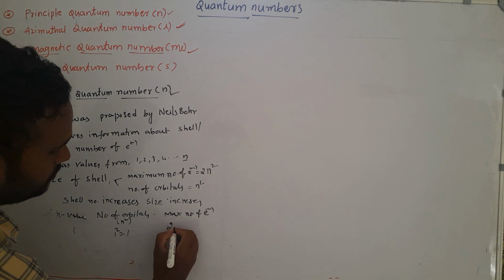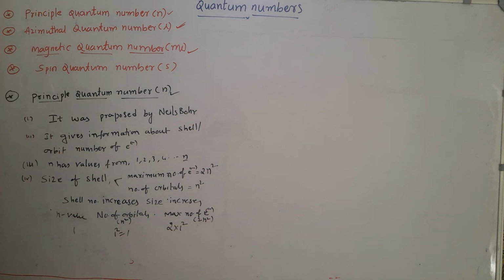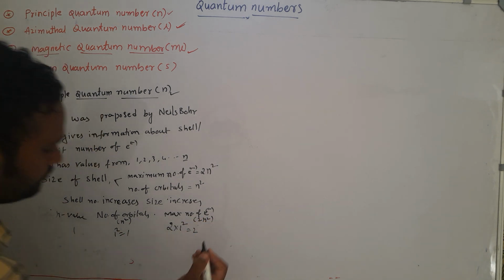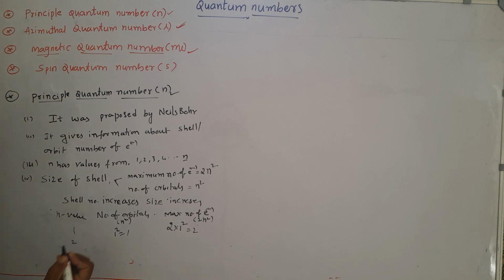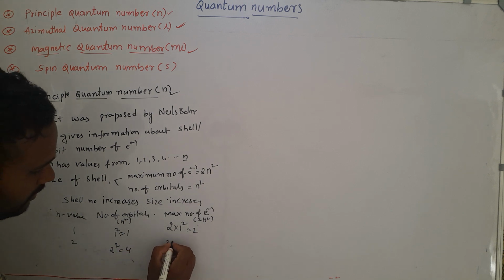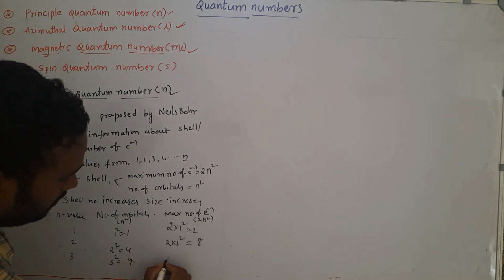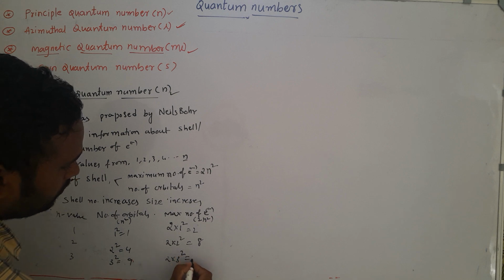Maximum number of electrons is 2 into 1 square, according to the formula 2n square, that is equal to 2. Next, n value 2: number of orbitals is 2 square, that is equal to 4. Maximum number of electrons is 2 into 2 square, that is equal to 8. N value 3: number of orbitals is 3 square, that is equal to 9, and maximum number of electrons is 2 into 3 square, that is equal to 18.